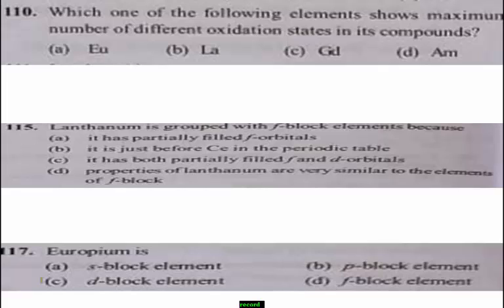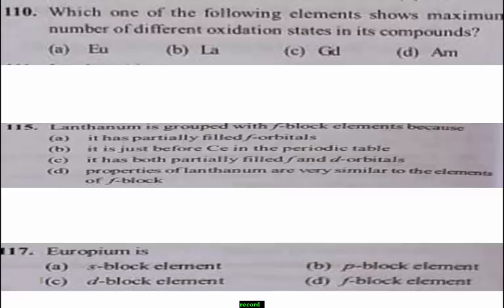Next question number 110. Which of the following elements shows maximum number of different oxidation states in its compounds? Option A, europium.